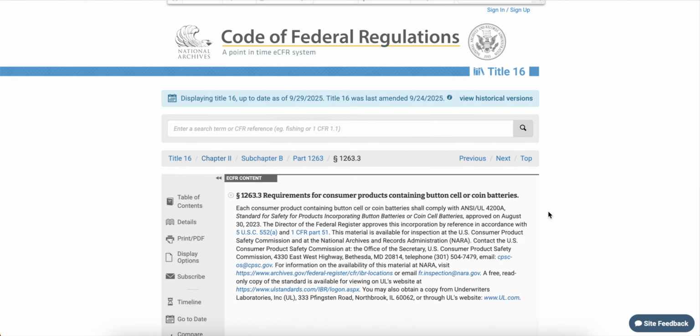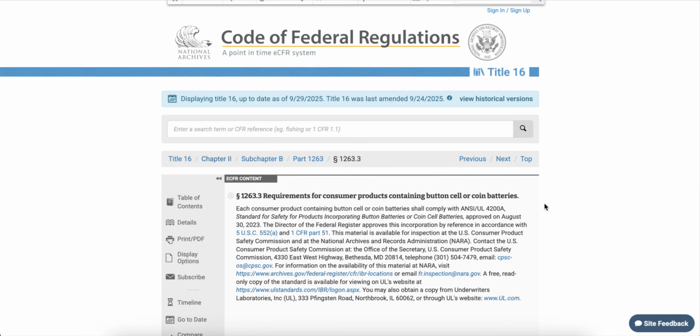Another concept that's very important is that of standards that are incorporated by reference. Certain regulations in the US reference product standards that are otherwise voluntary, primarily those from ASTM and also Underwriters Laboratories.